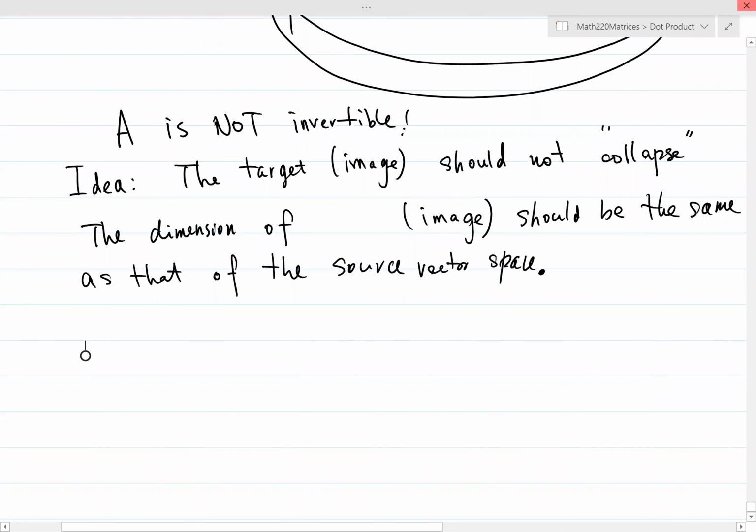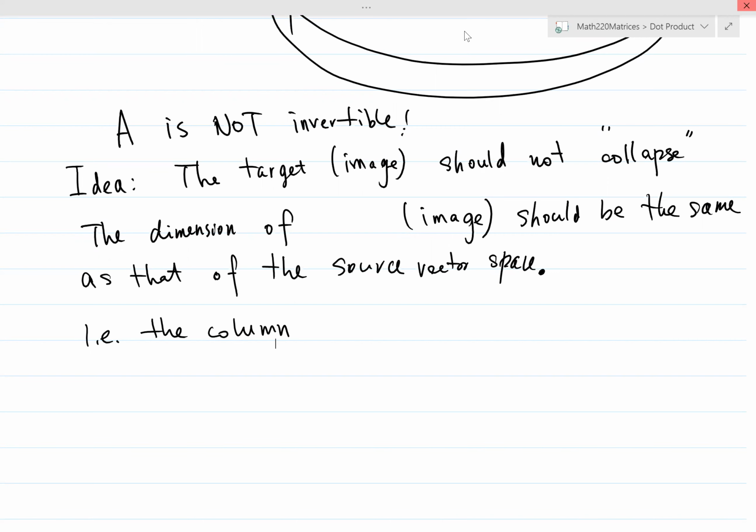So, you see, the column vectors. Remember, the column vectors of a matrix tell us the image.